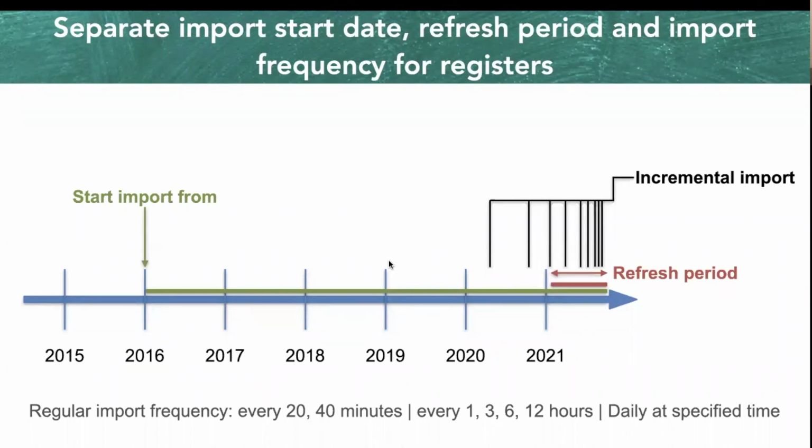When do you start the import? Then for the vast majority of accounts, incremental import is enabled by default. You set up an account, and you will have incremental import. The first import runs and imports all the data, and then incremental import starts, meaning it will pick only the changes that have been made.